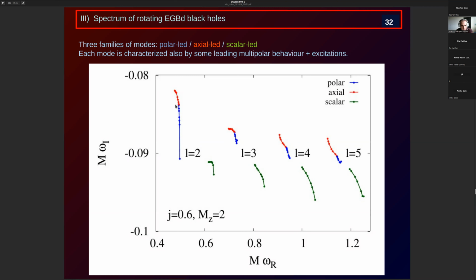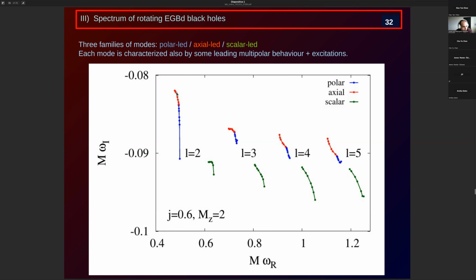The polar modes go in one direction and the axial modes go in the other direction. Each point here is a solution with a different Gauss-Bonnet coupling, and as you increase the coupling, the axial and polar modes bifurcate and go farther away.